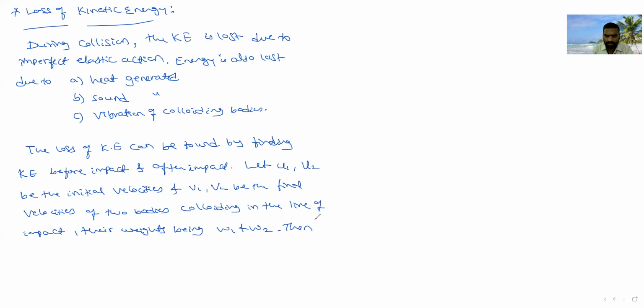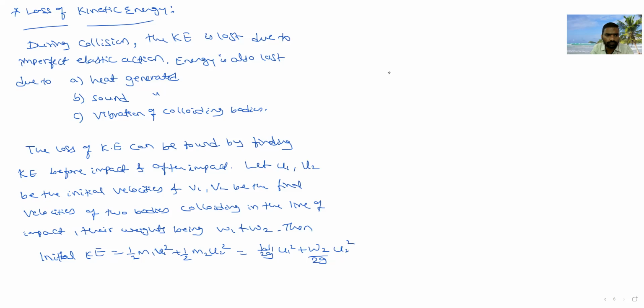Then initial kinetic energy. What is the kinetic energy formula? Half of mv square. So initial kinetic energy is equal to half m1 u1 square plus half m2 u2 square. This can also be written as W1 divided by 2g into u1 square plus W2 by 2g into u2 square, correct?